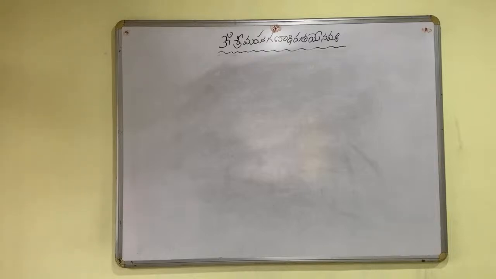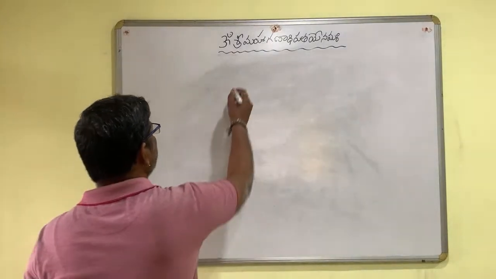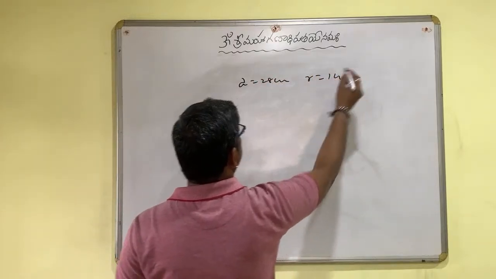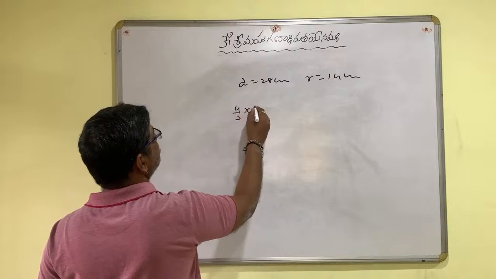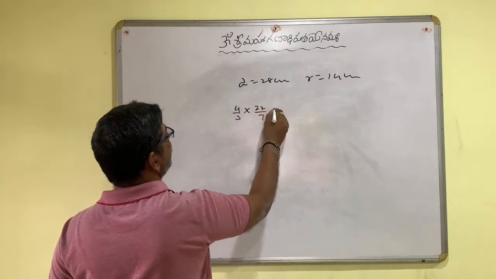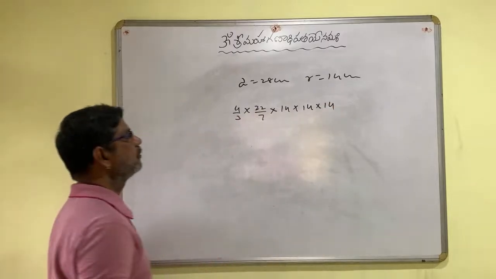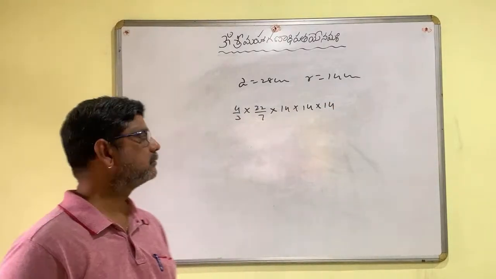So from the diameter, calculate the radius. Suppose the diameter is given as 28 centimeters. The radius is 14 centimeters. Volume is 4 by 3 pi r cube.